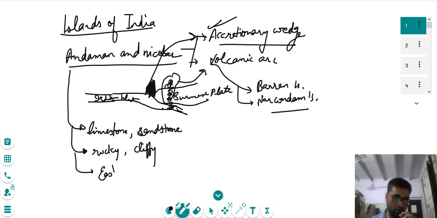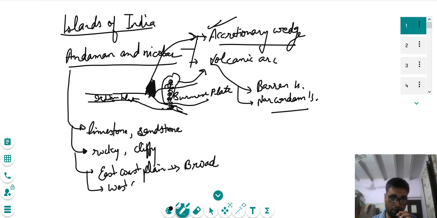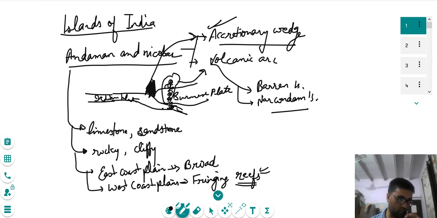The east coast plains of the Andaman and Nicobar are broad, and the west coast plains are characterized by fringing reefs. Although fringing reefs are present on the east coast as well, they are more present on the west coast comparatively, right?